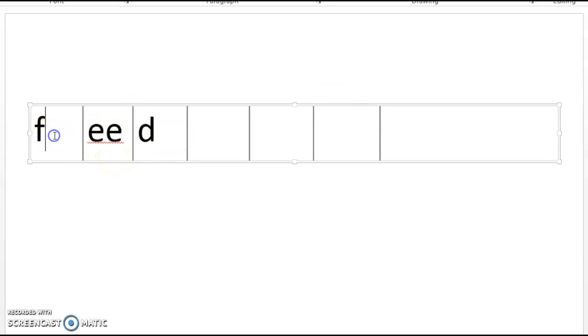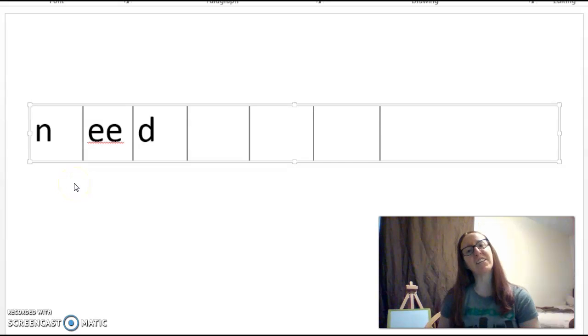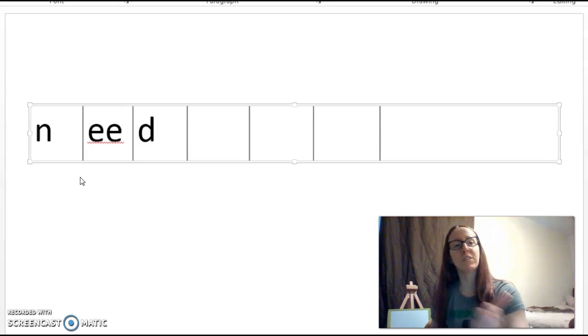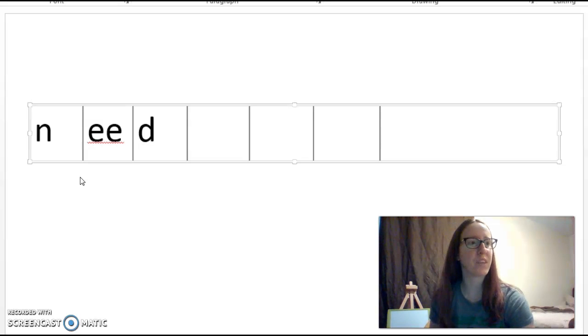Now I'm going to change another sound. And which sound did I change? I changed the first sound from f to n. My word was feed, now it is, yes, need. Going to change another sound. We changed which sound? That's the first sound again.